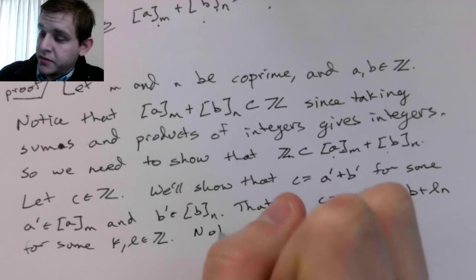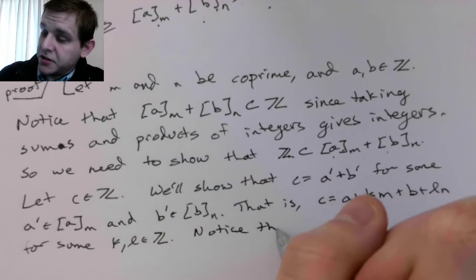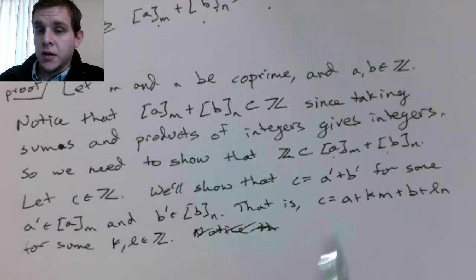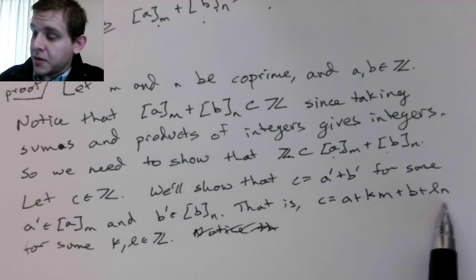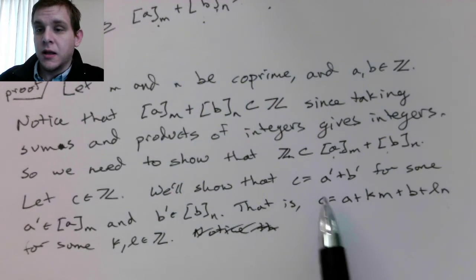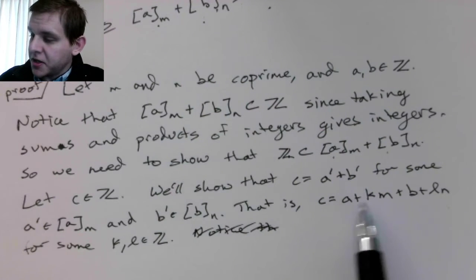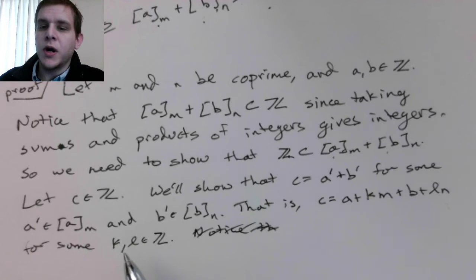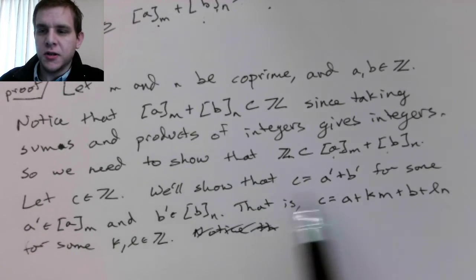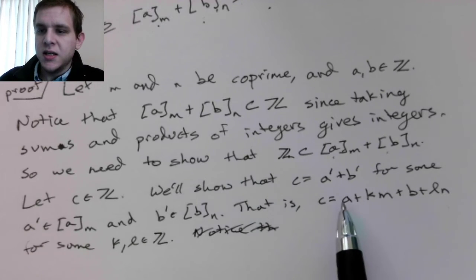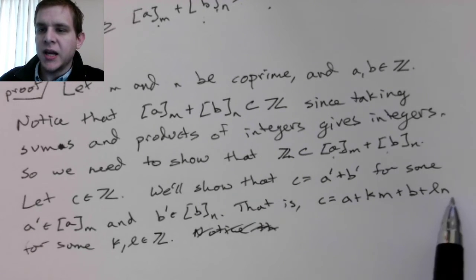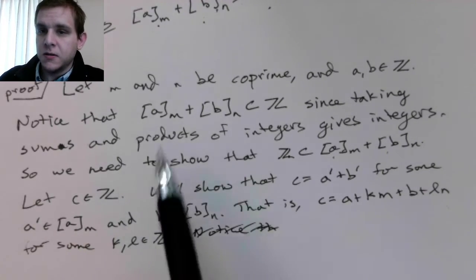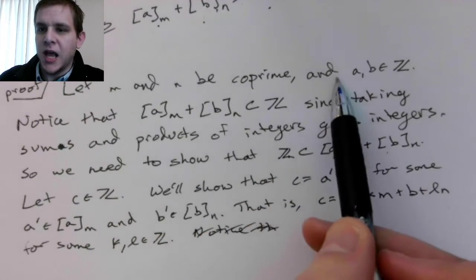So notice that this equation, okay, before I actually do this, this is sort of the end of the unpacking, right? I now have a very simple equation just in the integers. What do I know? I'm looking for a solution of this equation. c, a, m, b, and n are all determined numbers. c was fixed here, m and n were fixed here, and a and b were fixed here.